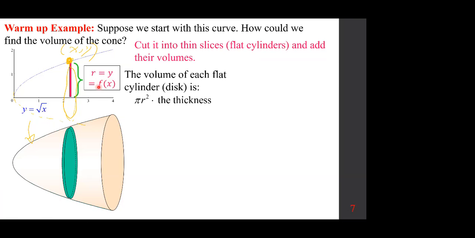So the volume of each flat cylinder is pi r squared times what? The thickness of this. What is this thickness? This thickness is dx. So this is pi, r is y. What is y? Square root of x. And the thickness is dx.